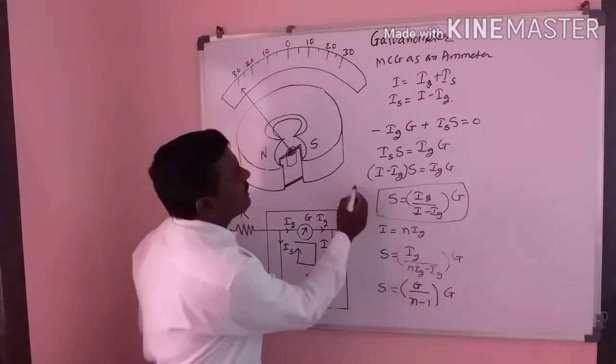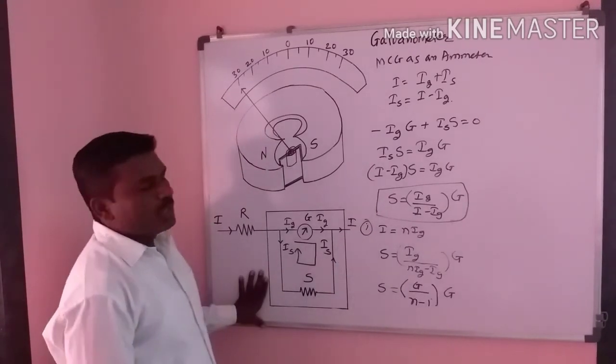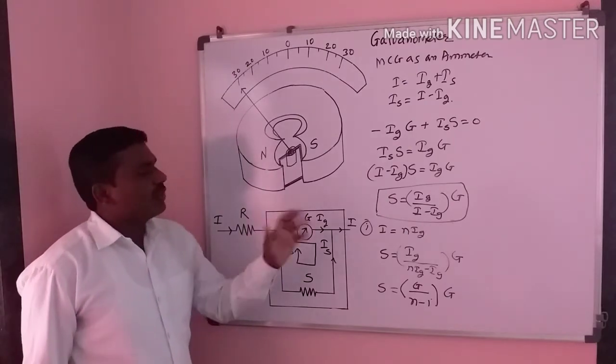This is the first point, in which the current flowing in the circuit is N times Ig.